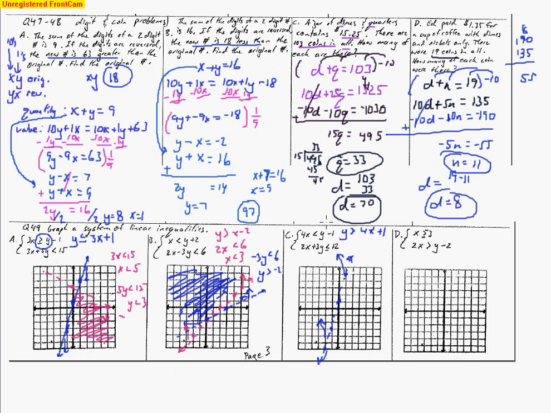Looking at the next one, I've got slope-intercept, or the xy-intercept form. 2x is less than or equal to 12, so x is less than or equal to 6. So I go over 6, 1, 2, 3, 4, 5, 6. And then the next one is 3y is less than or equal to 12, so y is less than or equal to 4.